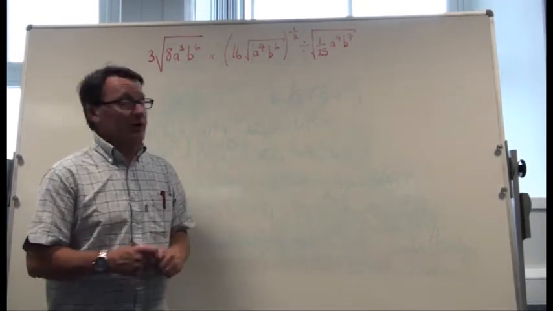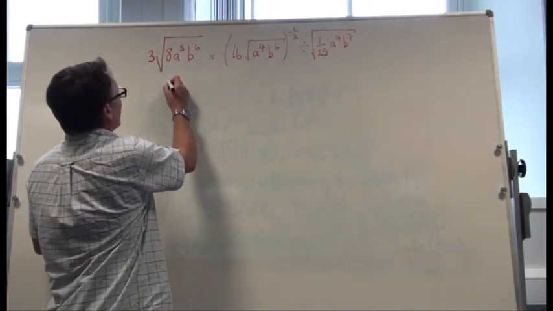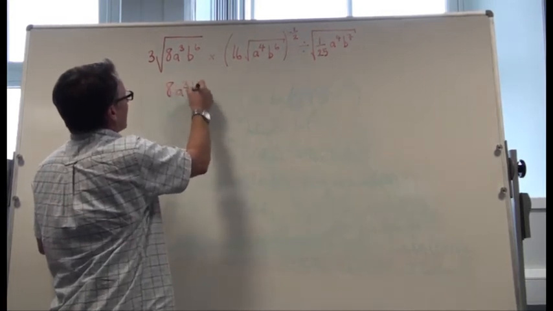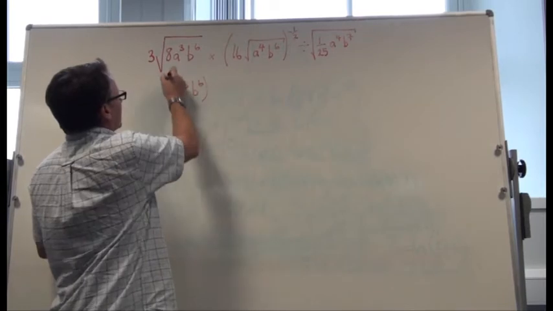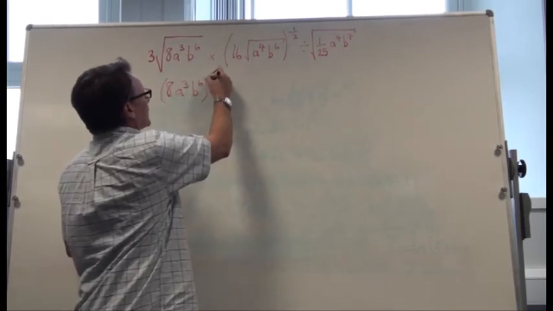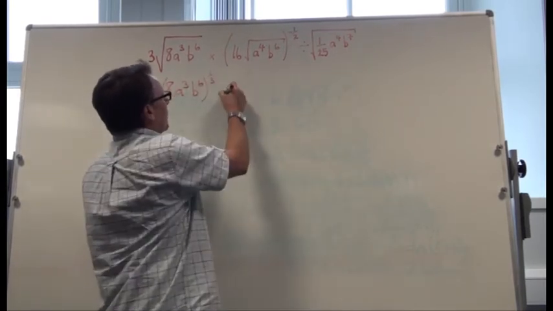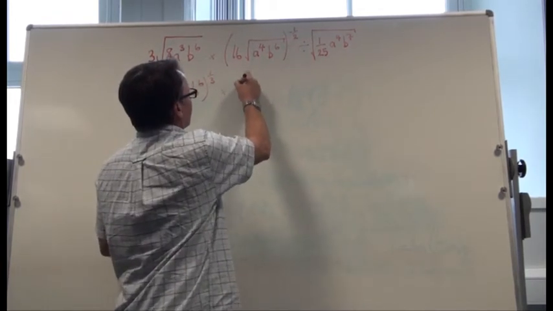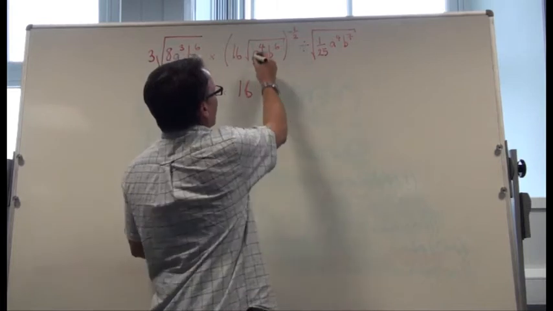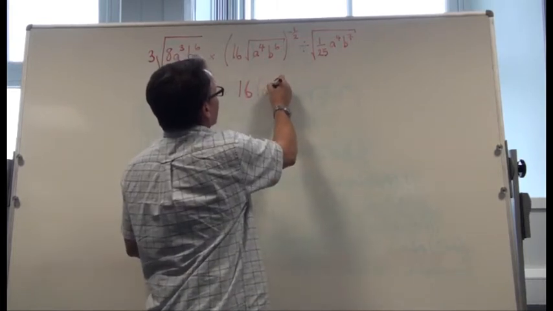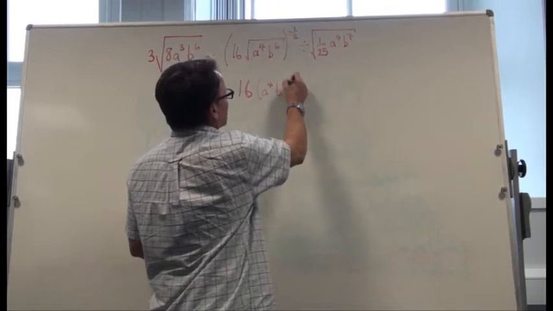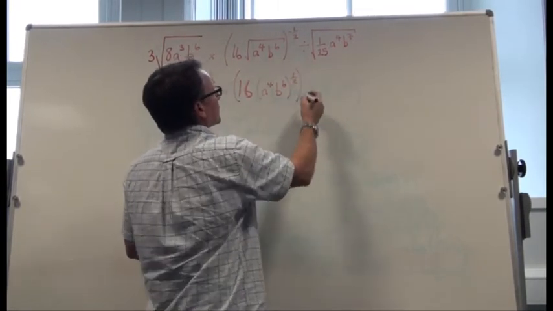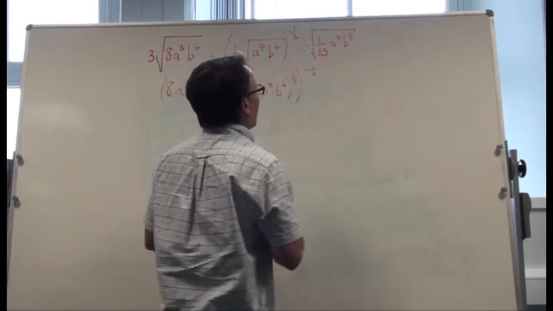So I can write this expression as 8a cubed b to the 6, and in brackets all raised to the power of a third, multiplied by 16a to the 4 b to the 6 raised to the power of half, and that whole expression is raised to the power minus a half.